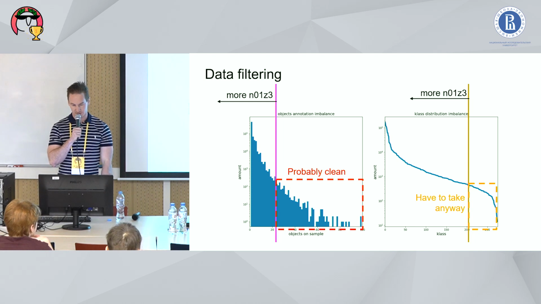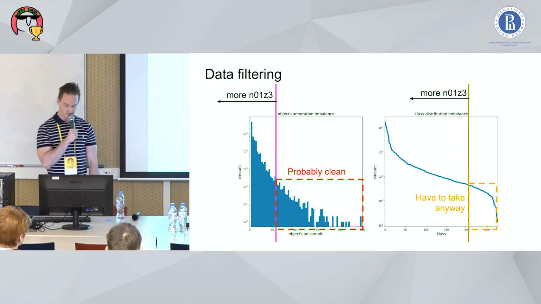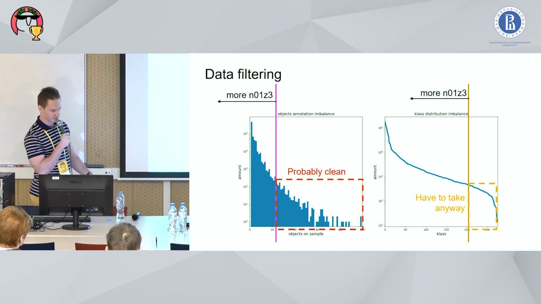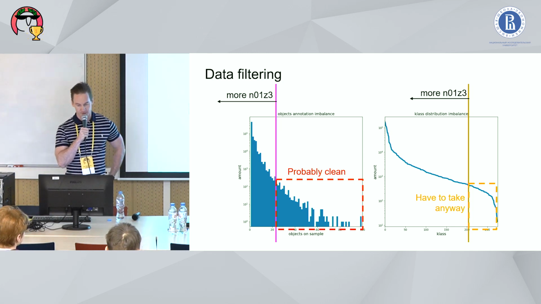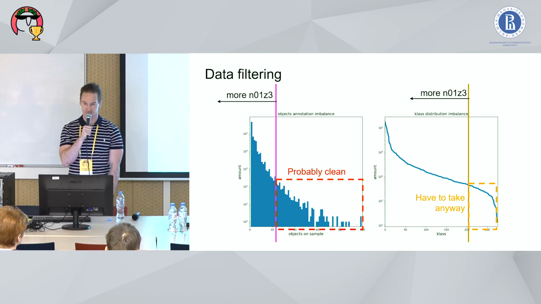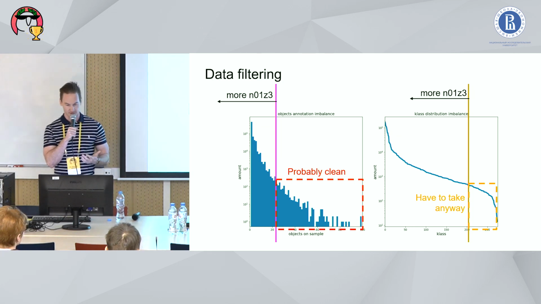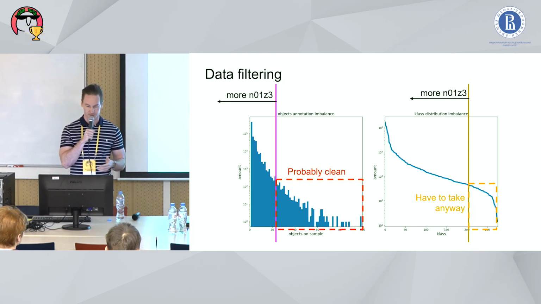The first part is filtering the data, because, as I showed, it has very noisy annotation with some kind of misleading annotation. So I have two assumptions. The first one: if a sample has a lot of bounding boxes, then it probably has a clear annotation. It's not always true, but if you see a lot of bounding boxes, then the annotator probably paid more attention and spent more time annotating these samples.